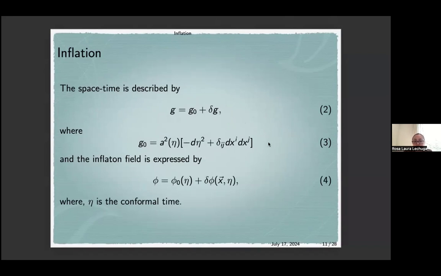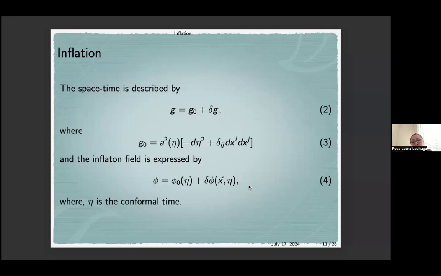The background I write here again in terms of the conformal time, and the inflaton field is expressed by this equation. Yesterday, I mentioned, or I tried to emphasize, that this first term is independent of the position, is the mode responsible for generating the expansion, and the other modes are responsible for generating the structure.